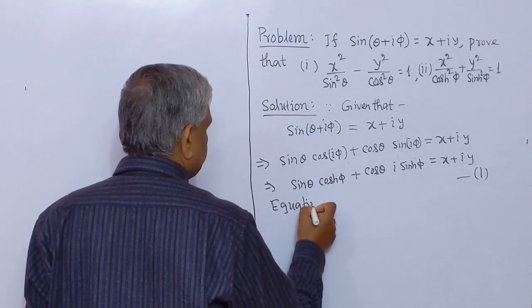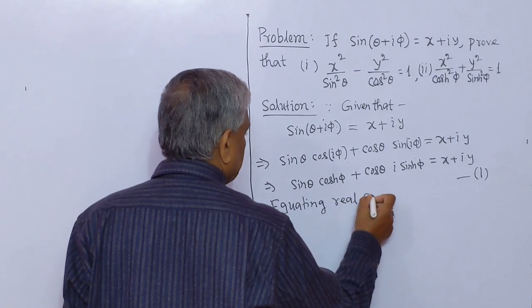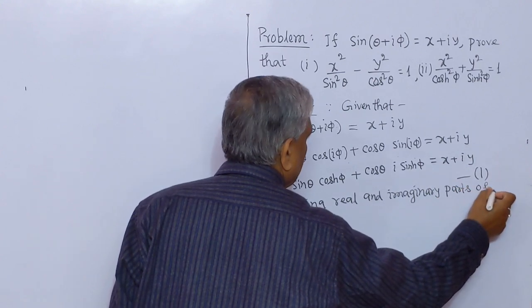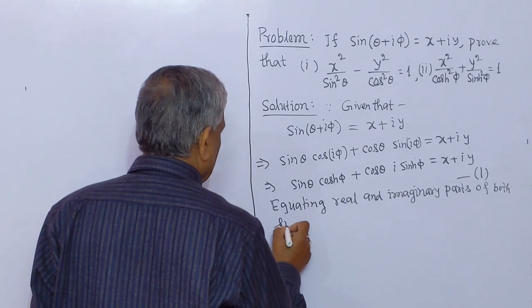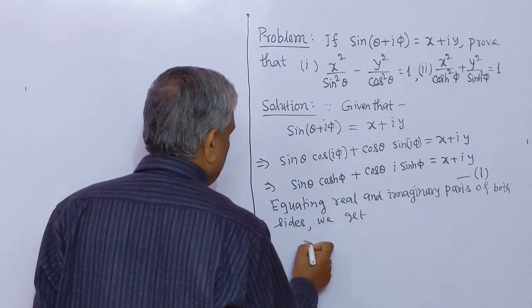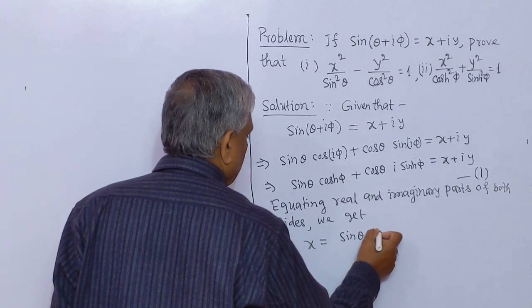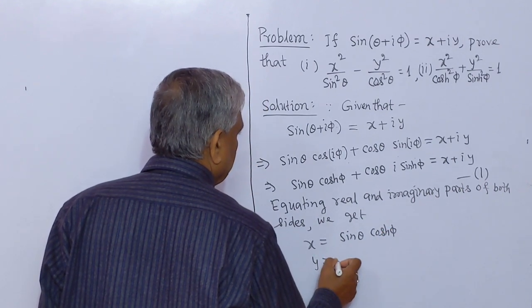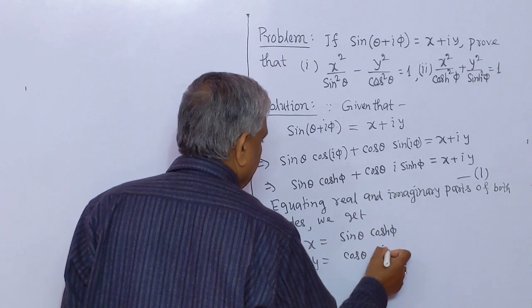Equating real and imaginary parts of both sides, we get x = sin theta cosh phi, y = cos theta sinh phi.